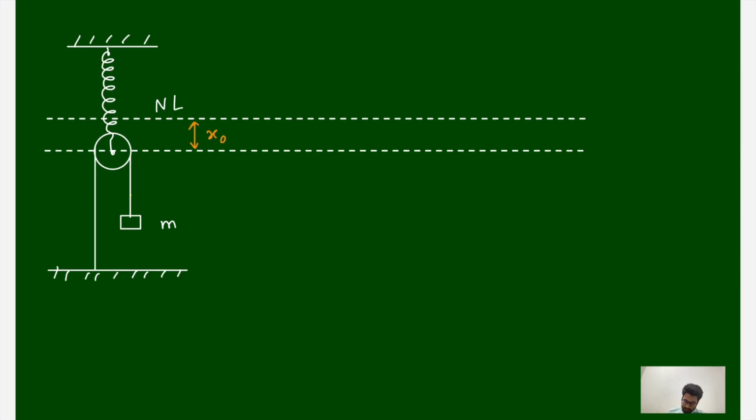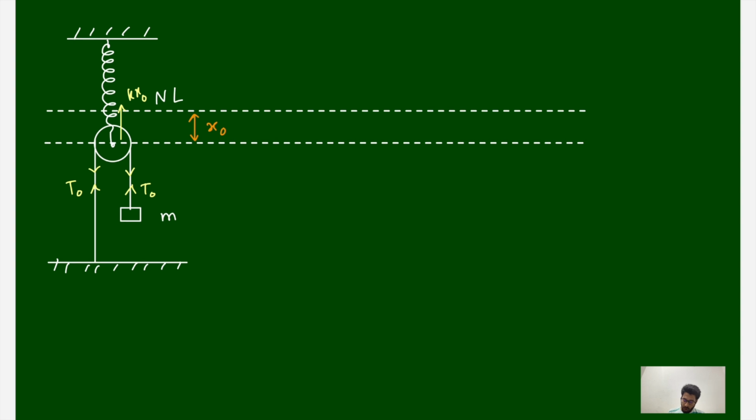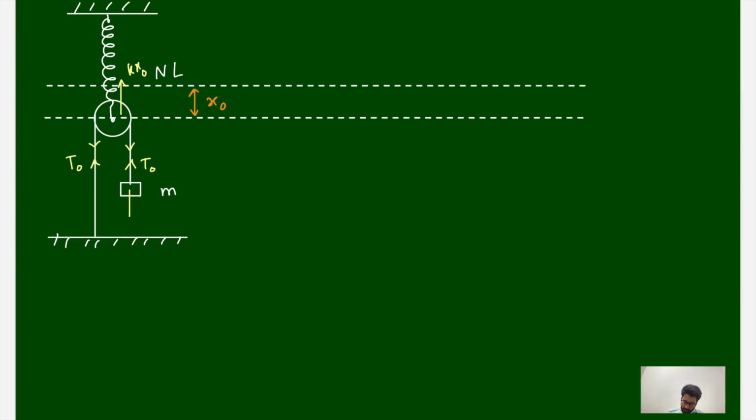For example, tension we take as T naught, and here also T naught. Upward force on the pulley will be kx naught. On the block, the downward force will be mg.